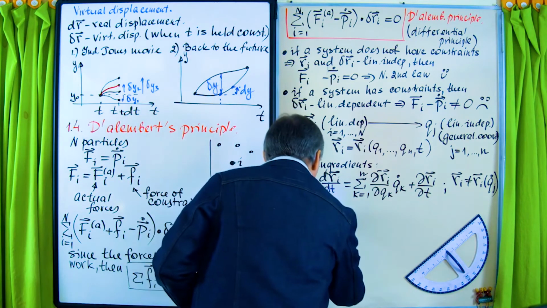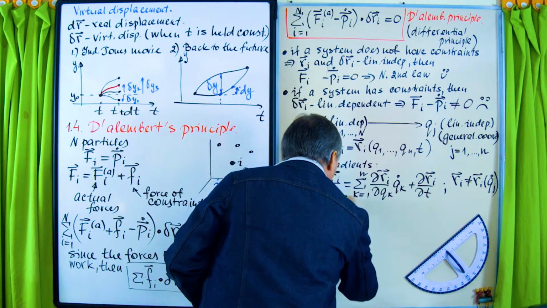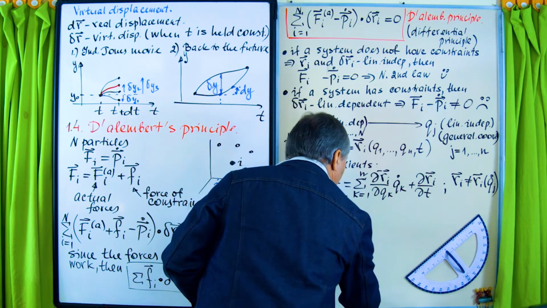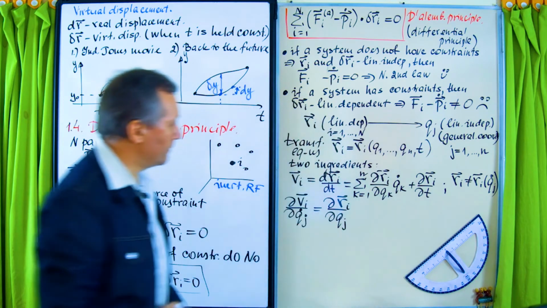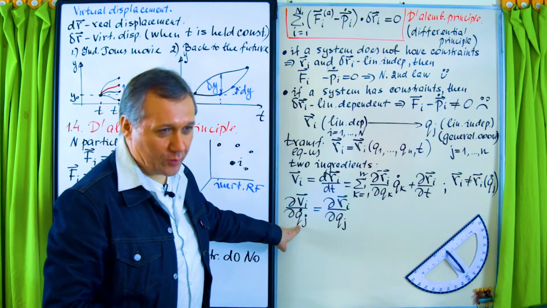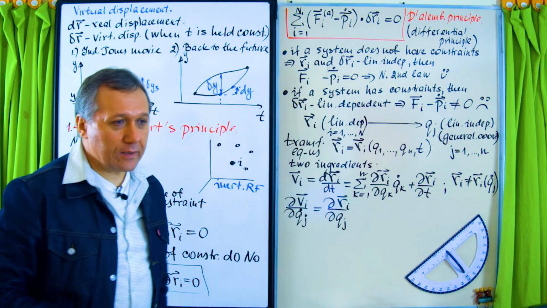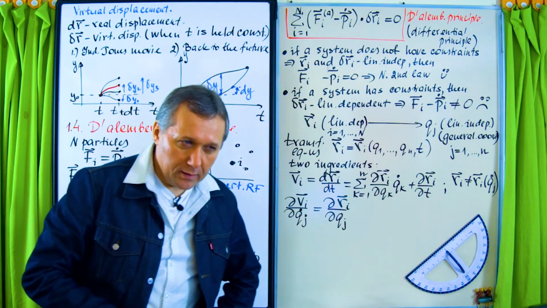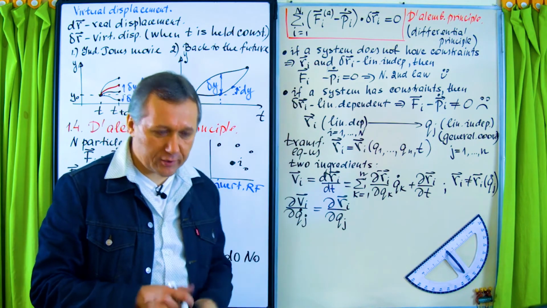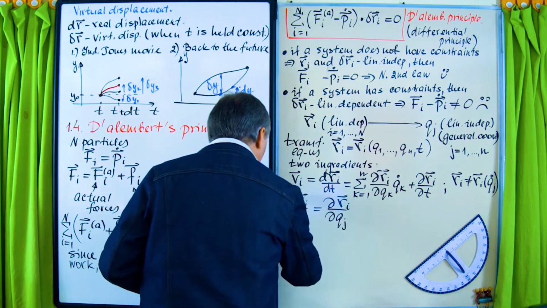So let me write that down: the partial derivative of r_i with respect to q_j. And if you try to differentiate r_i with respect to q dot, there's no dependence, so this gives us 0. So we're getting this equation, which we're going to use today, and once or twice in the future. You remember we derived that ingredient in the first lecture. Let me frame it in blue.